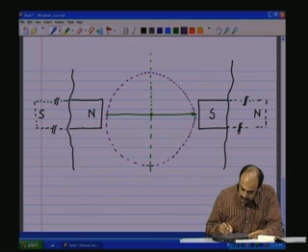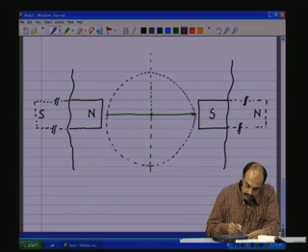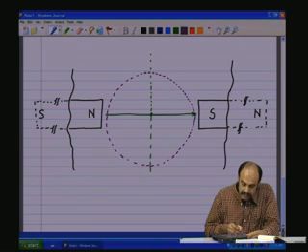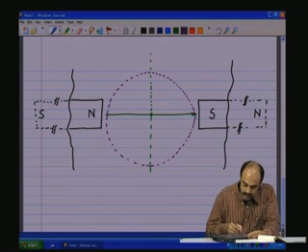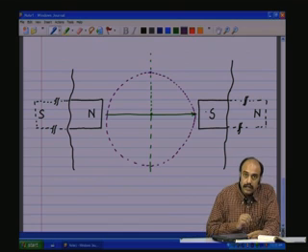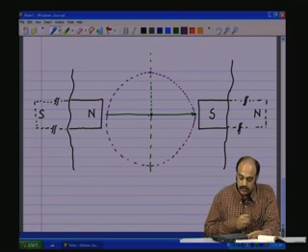So, we have a circle here, and if one travels along the periphery of the circle, at this point the field is strong and positive. At a point here, which is orthogonal to this north south axis, the field there is 0.